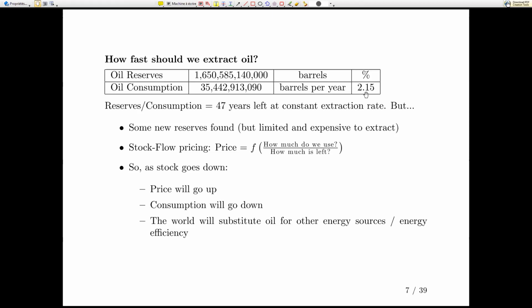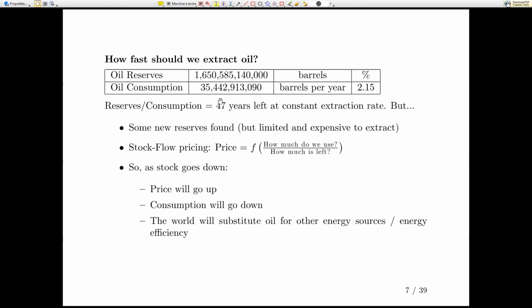Here I said it's a constant value, which means we have 47 years left. But if it's a constant percentage, then I have infinite years left, because every time it's 2.5% of something smaller, it means that the oil consumption will be smaller.